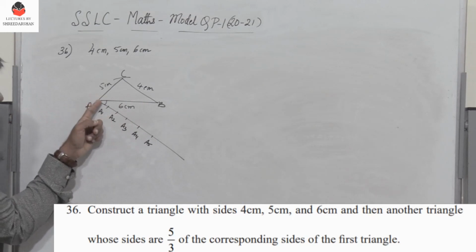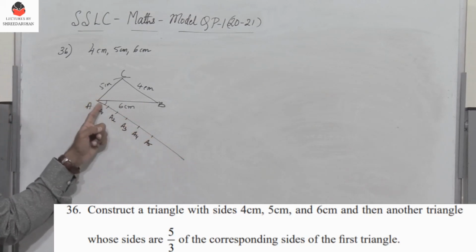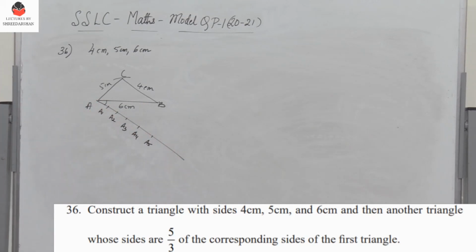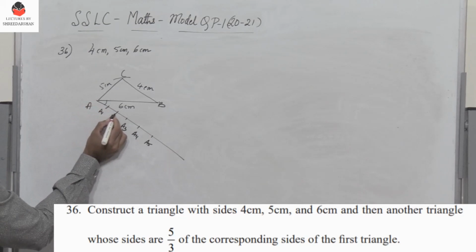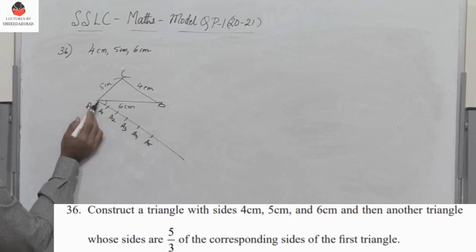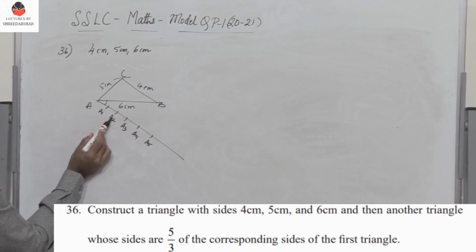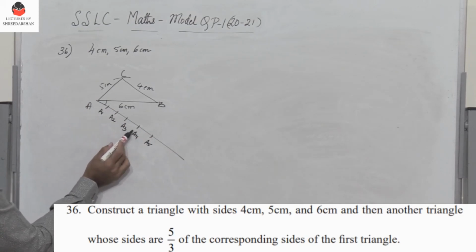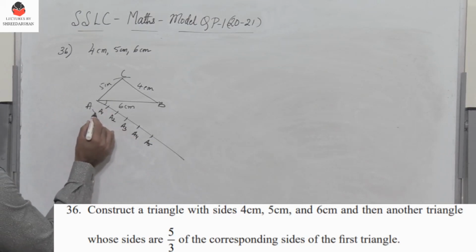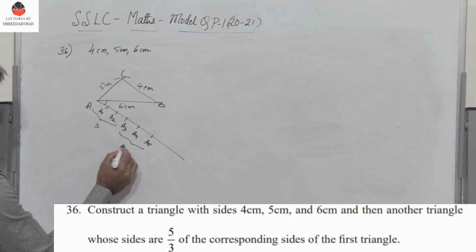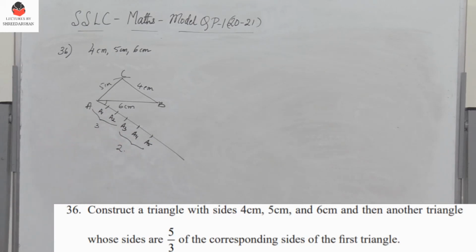So now what you have to do, just draw a line making an acute angle at A. Using your compass, having a fixed distance, make sure that you draw 5 arcs. So it means A1 to A1, A2 to A2, A3 to A3, A4 to A4, A5. So now this is 3 and this is 2, right?